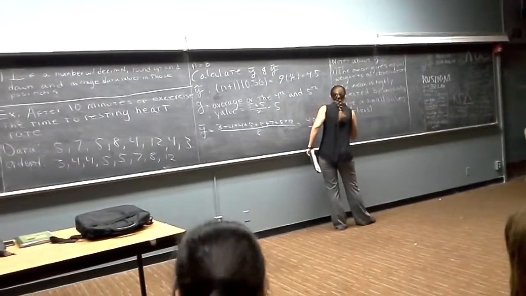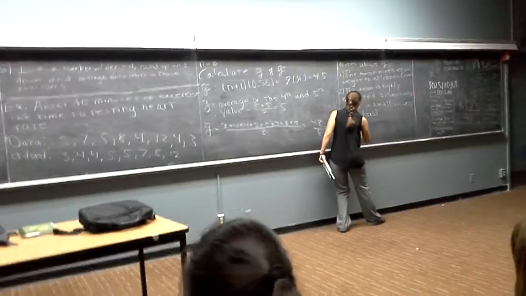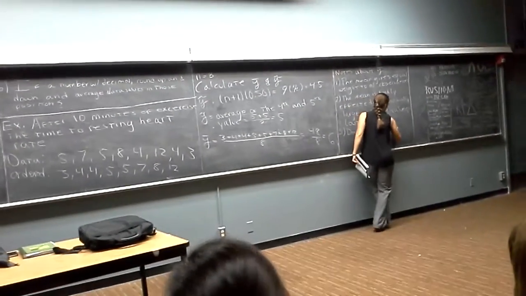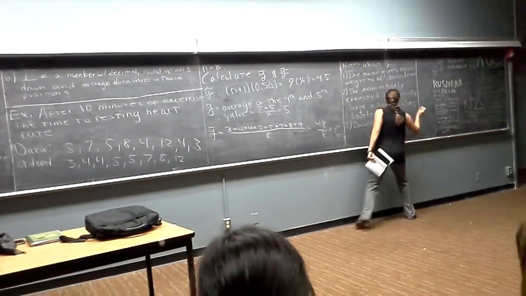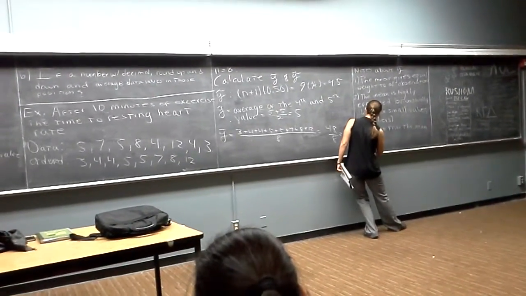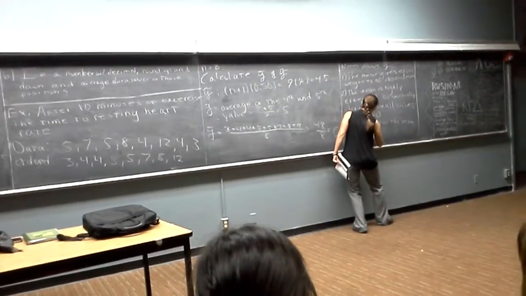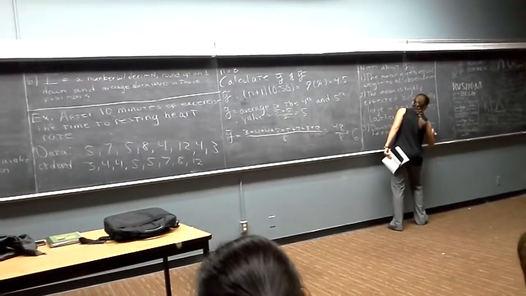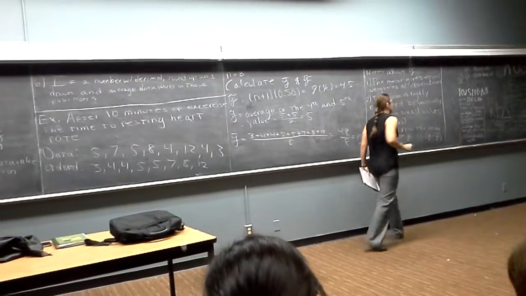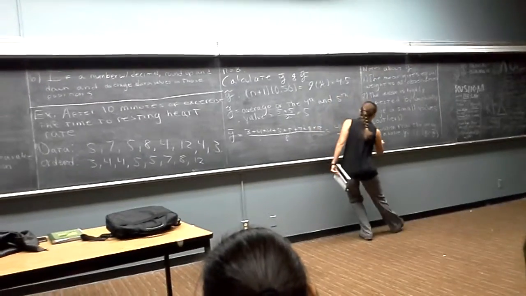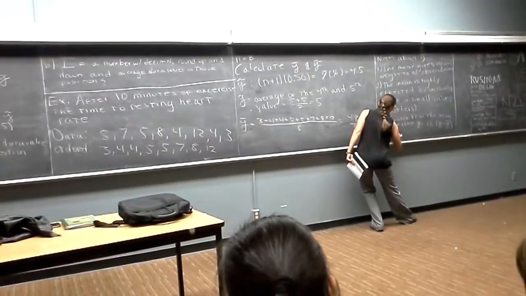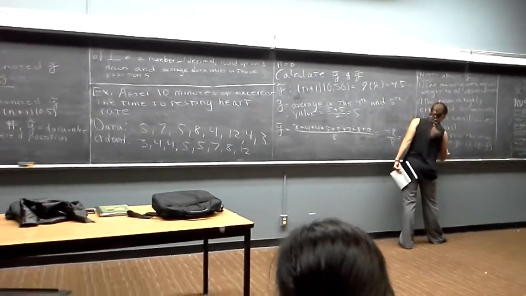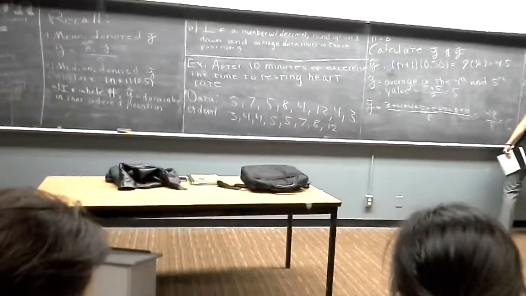And the last one is just a definition: the deviation from the mean for a value yi. This will come in handy in a little bit. You take that value and subtract the mean. It also has a very nice property, which is that if we add up all the deviations of our data from the mean, that would be 0.